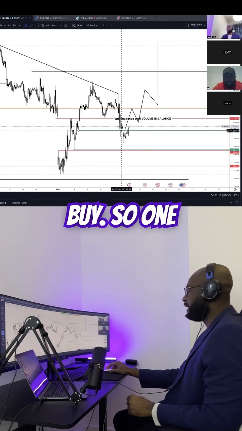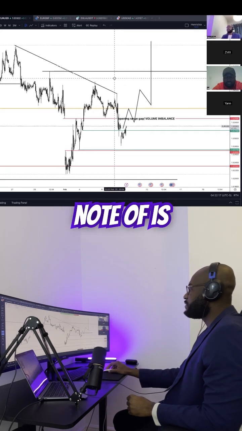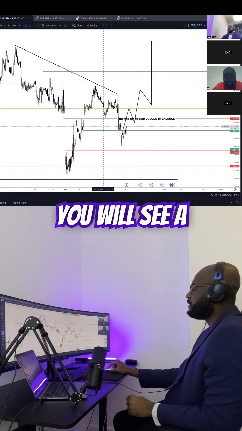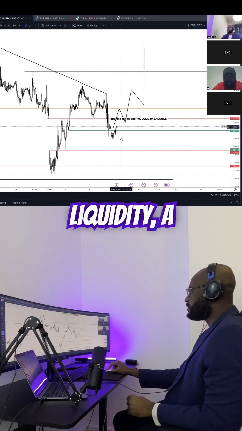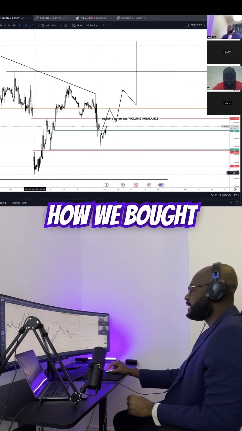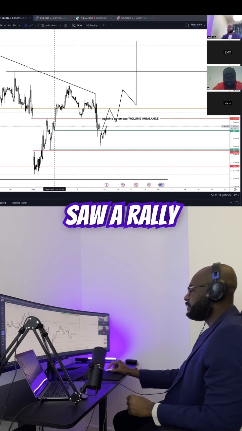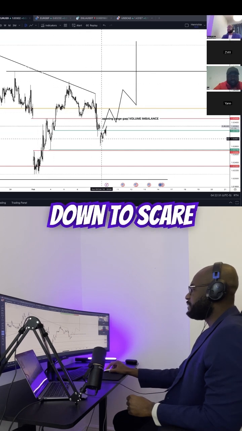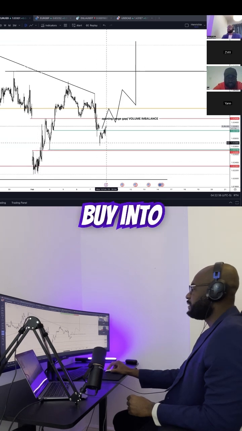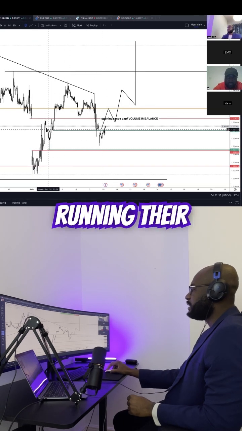One thing to take note of is when the market wants to rally exponentially, you will see a lot of runs of liquidity, a lot of manipulations. In this case, you can see how we bought in here, we saw a rally, price came down to scare every single person that was in this buy into either closing the trade or running their stop loss.